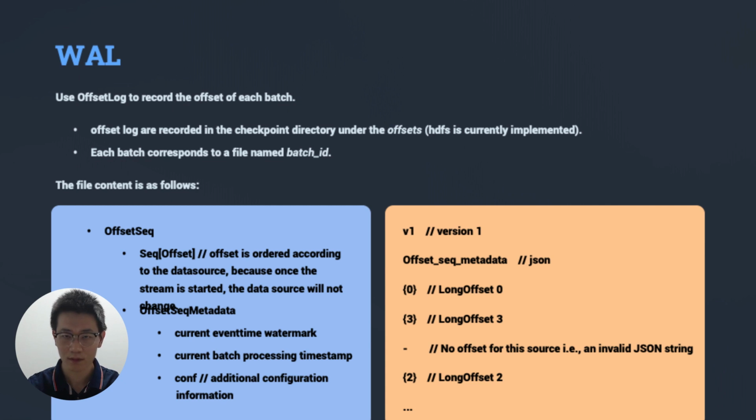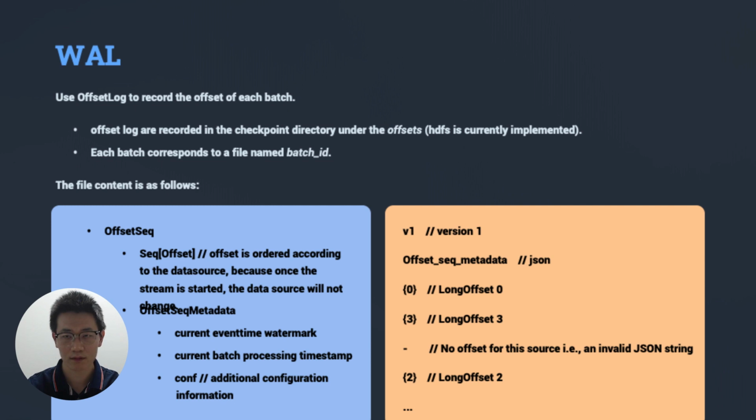What's it for? It's for disaster recovery, in case our program crashes or there are machine failures. When we pick up the streaming task again, we can continue from where we left off, thanks to the information stored in the WAL.